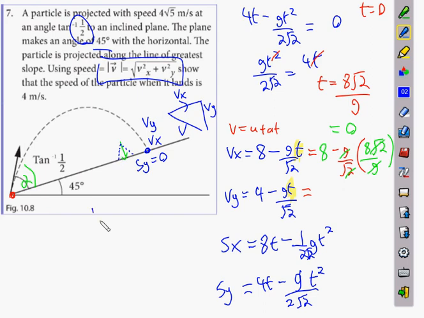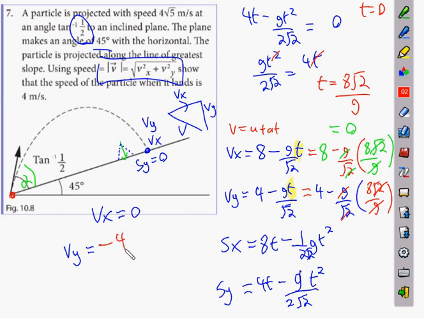Now what about Vy? So Vx equals 0. What about Vy? Vy is going to be 4 minus g root 2 times t. T is 8 root 2 over g. Root 2's cancel, g's cancel. 8 minus 4. I say 4 minus 8.